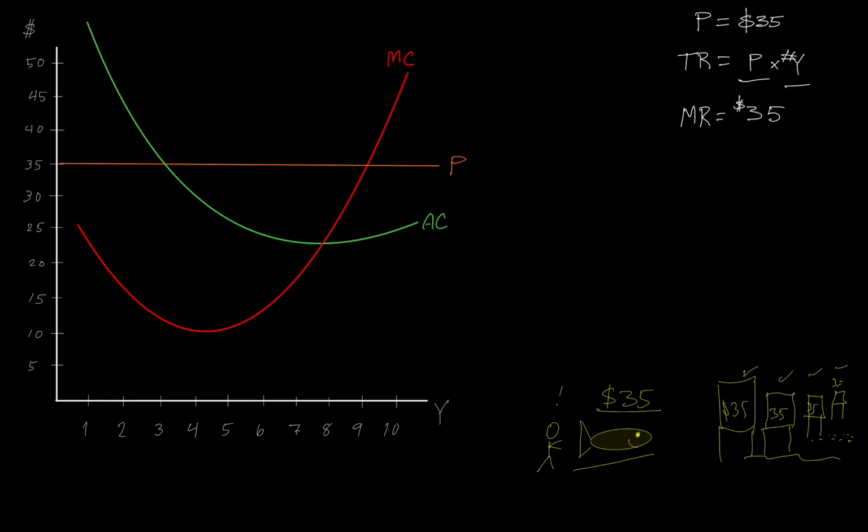So let's add another wrinkle to this price curve that we have. We see here our marginal revenue is determined for each additional output that we sell. We gain an additional $35 on the margin, right? So marginal revenue is $35. The first thing we wrote up here, though, was price is $35.